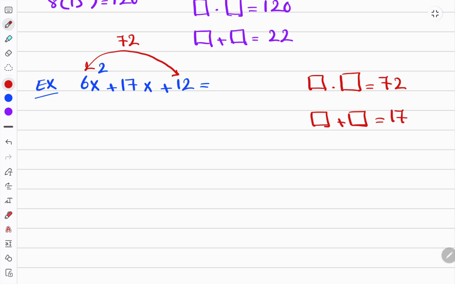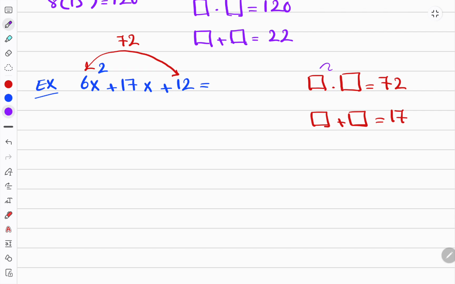For example, 36 times 2 is 72, but the sum of them is not 17. So these two numbers are not correct. And how about 8 and 9? 8 times 9 is 72, and 8 plus 9 is 17. So these two numbers are correct.